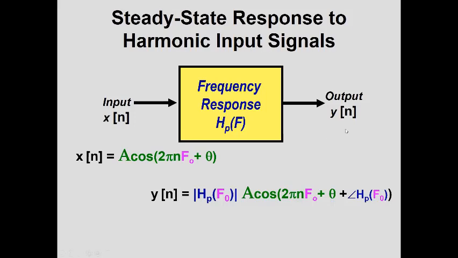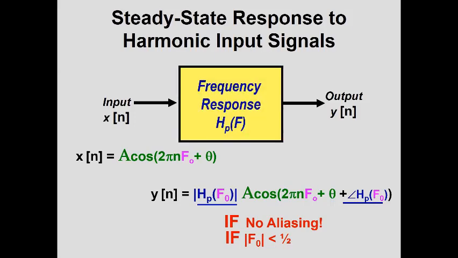And so it retains the scaling of its own magnitude and the phase shift that it came in with. But the system will affect it by scaling it by the magnitude of H(f) at the particular frequency we put in, and shifting it by whatever the phase was when we evaluated H(f), the complex frequency response at that particular frequency.